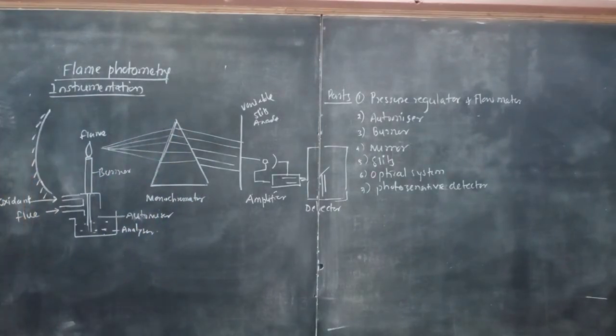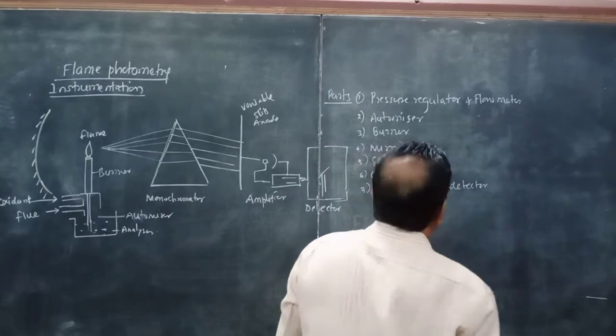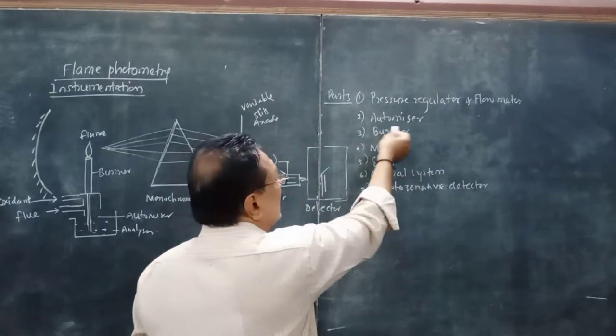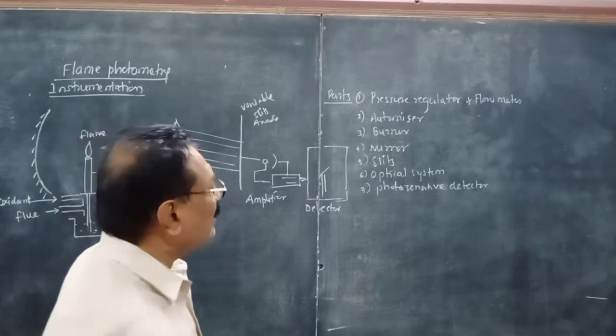Now we go for the instrumentation, and the instrumentation picture is drawn on the board. See here, a flame photometer is composed of a pressure regulator and flow meter. The second one is the atomizer. The third one is the burner.